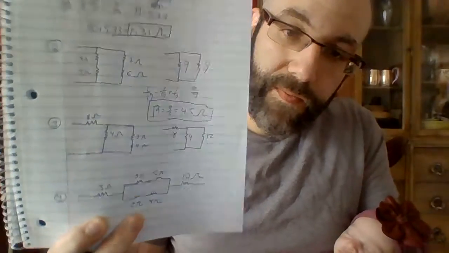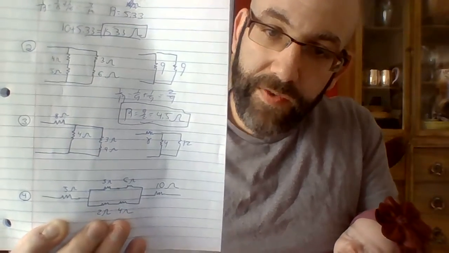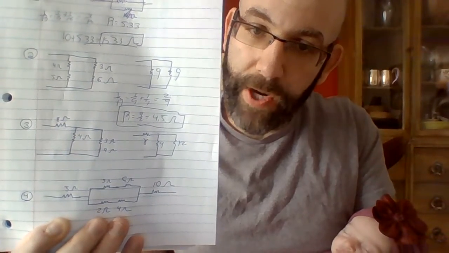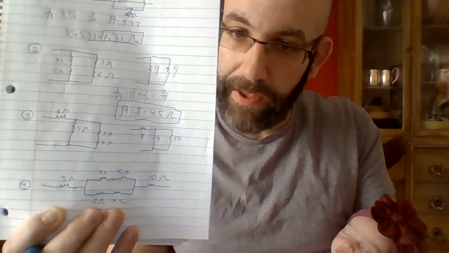Sorry about the glare. So now the 4 and 12 are in parallel. We're going to add the 4 and 12 as a parallel circuit. So 1 over R is 1 over 4 plus 1 over 12, which gets you, oh no, 4 over 12.